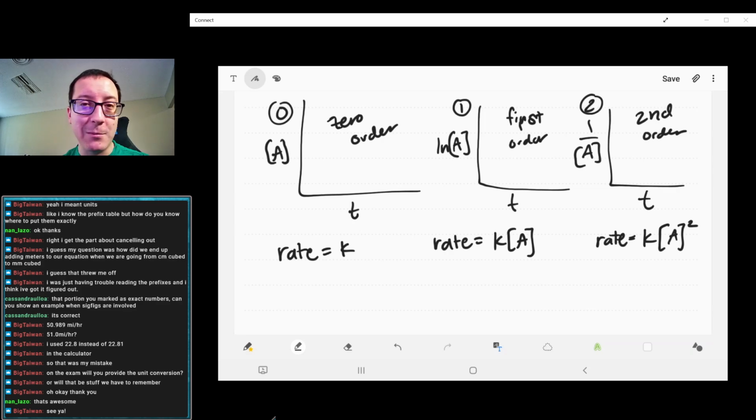Interestingly enough, metabolism of alcohol is a zero order reaction, which means that once you take your first sip of beer or whatever, your body is going to be decomposing that alcohol at exactly the same rate. So even if you pound a bunch of shots in a short amount of time, your body is still going to be digesting it at the same rate as if you were to keep drinking beers over time.